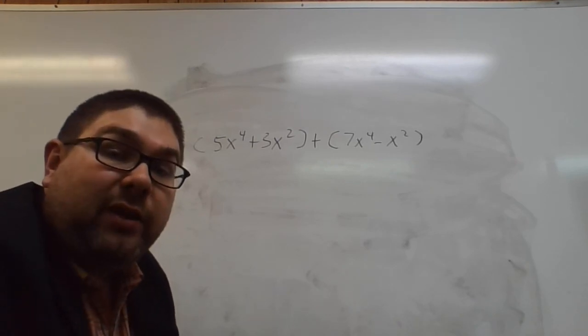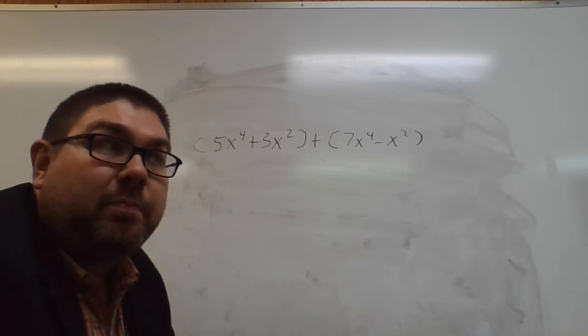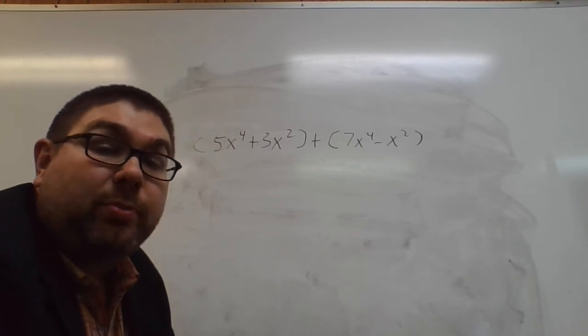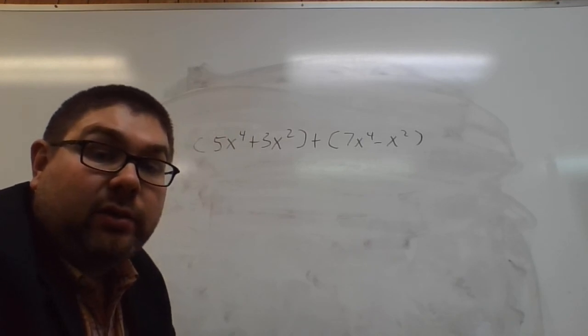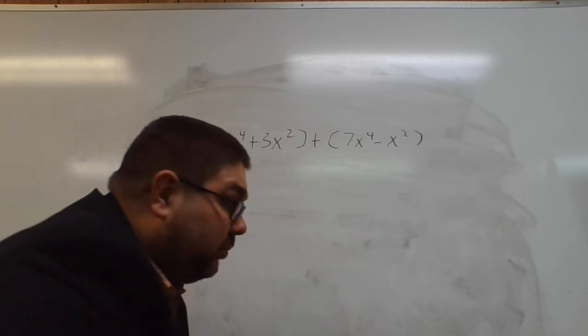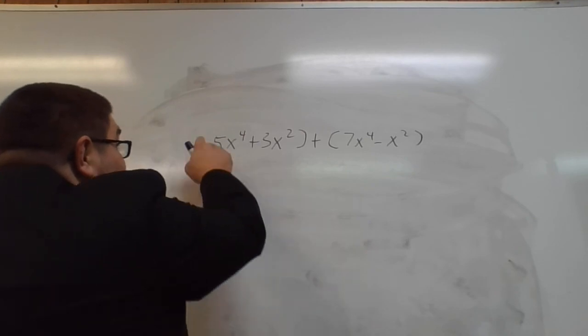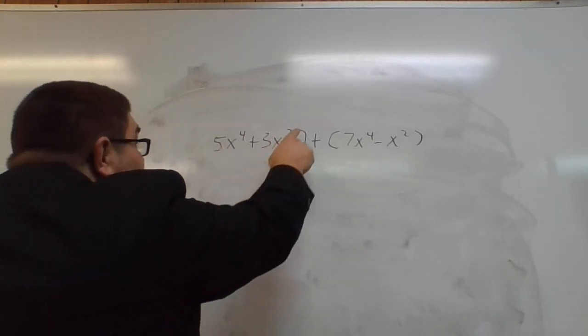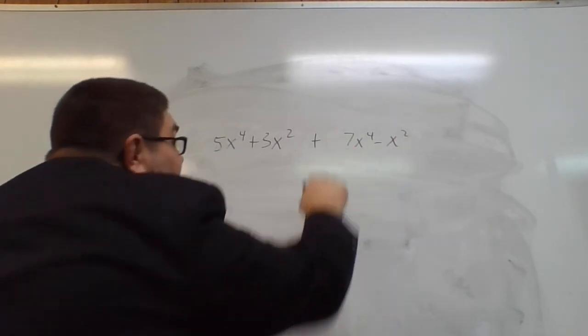We're going to add those together, and adding polynomials is super easy because all we're going to do is combine like terms. When you're adding polynomials, the first thing I'm going to do, just for visual purposes, is get rid of the parentheses.